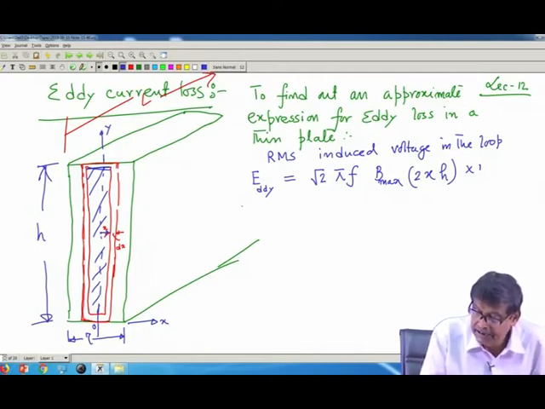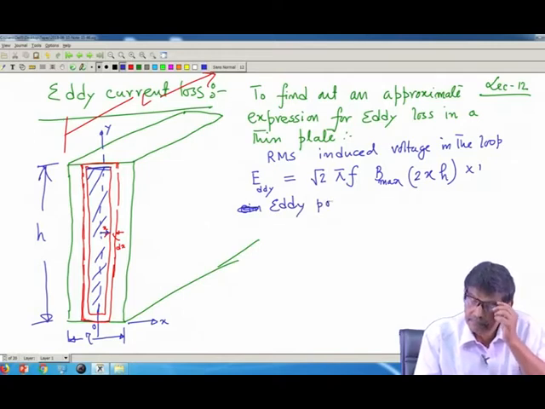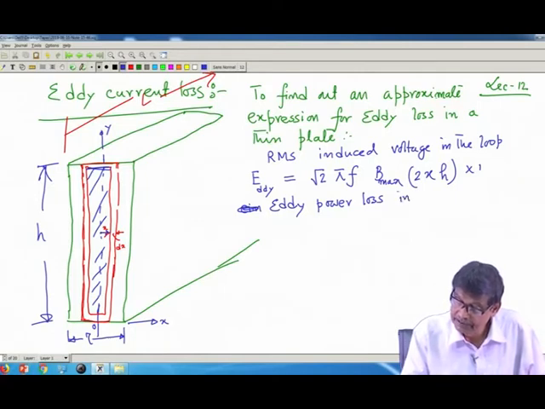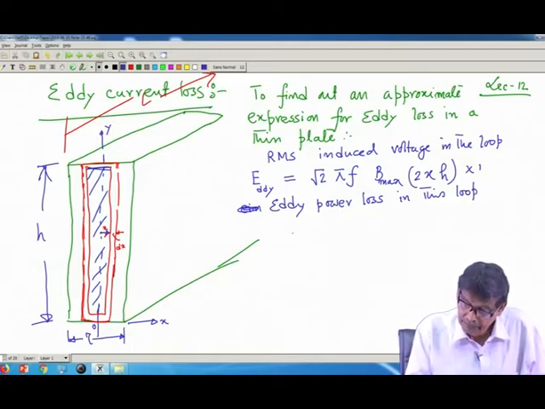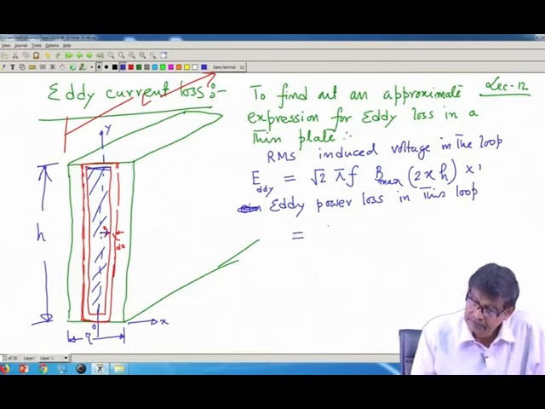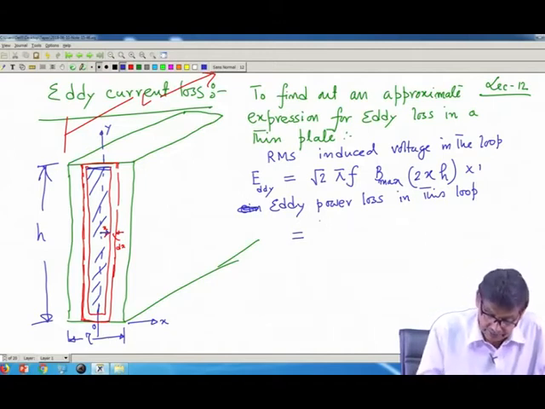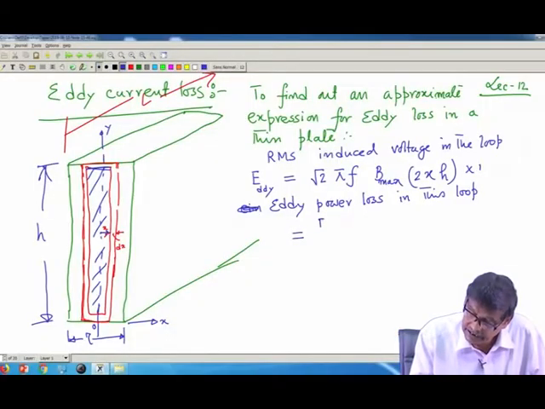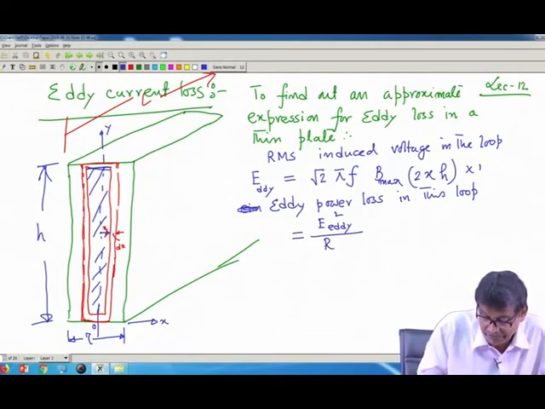Therefore, eddy power loss in this loop will be equal to, if you neglect the reactance of this loop, only resistance of a single turn, E eddy square divided by the resistance of this path.